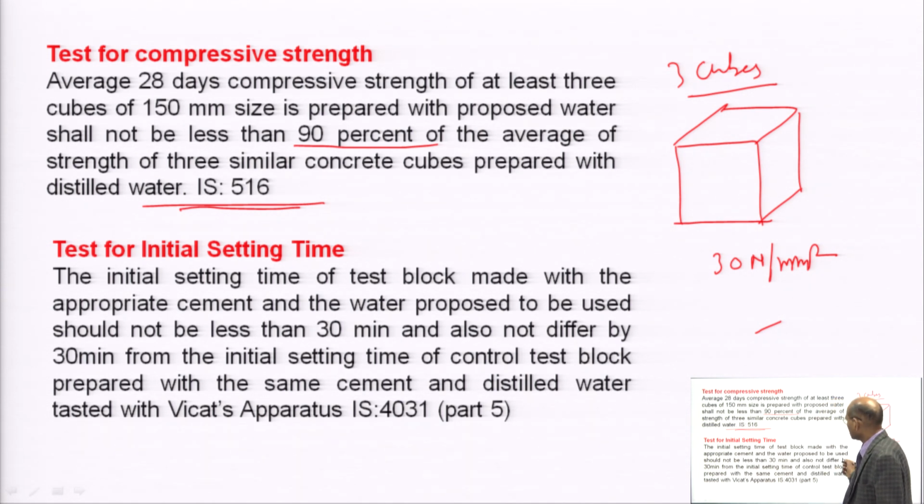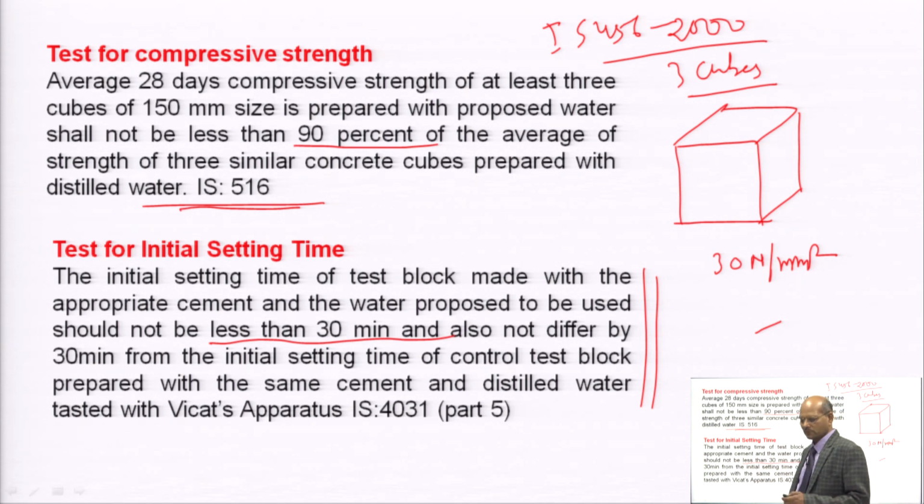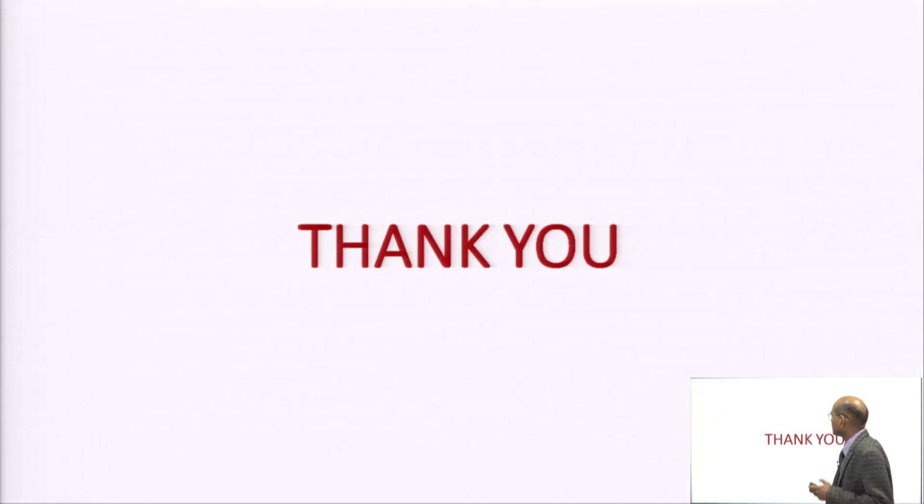In both cases, the initial setting time should not be less than 30 minutes, and even between the distilled water and the intended water, it should not differ by more than 30 minutes. That is the requirement of IS 456:2000. This one also we are supposed to do, that is very important here.